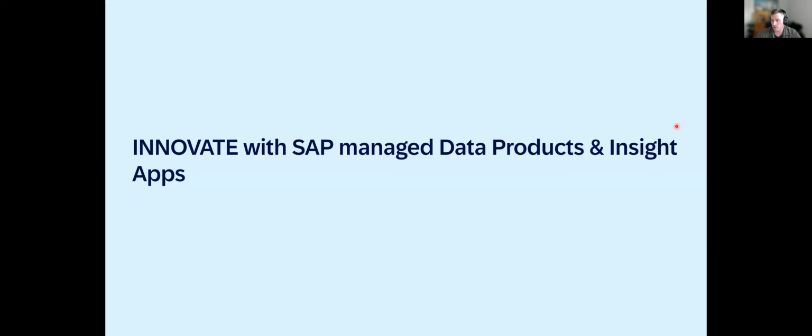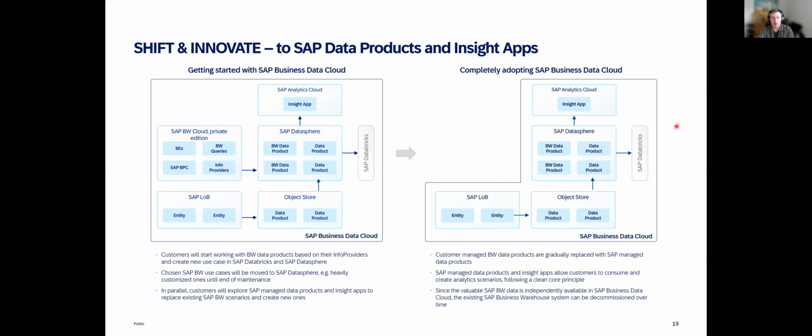And with that, for sure, the question will also come up, how can we gradually phase out BW in the next, I don't know, 7 to also 15 years, BW for HANA, right? So you as a customer will start working with BW data products based on info providers and create new use cases directly inside of Databricks and DataSphere.